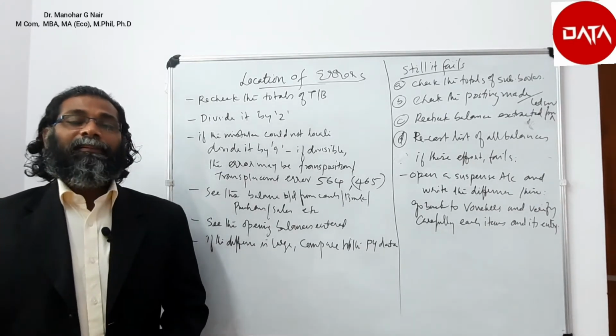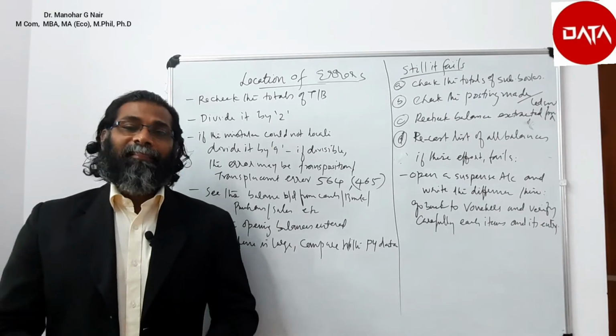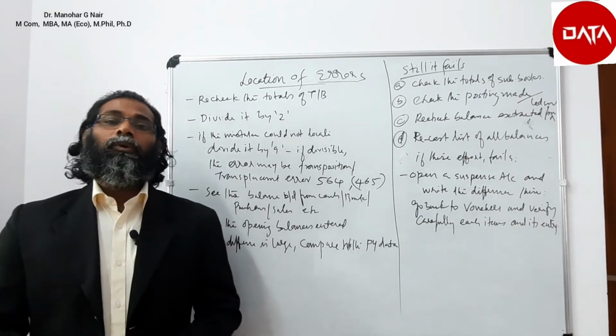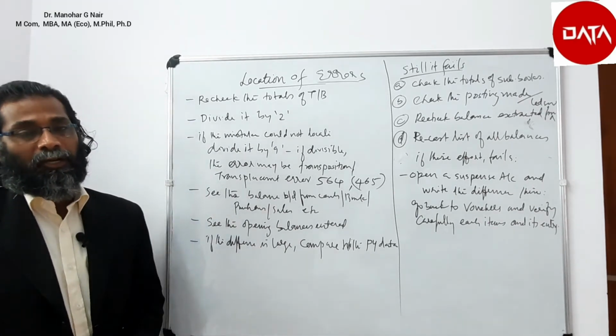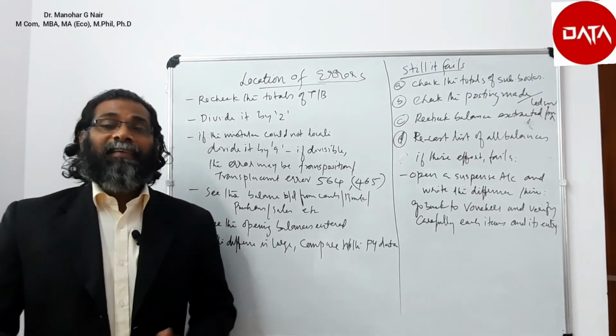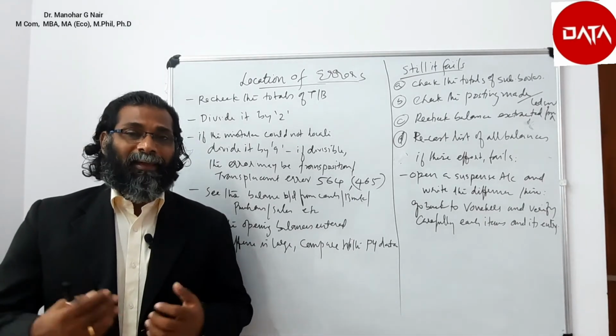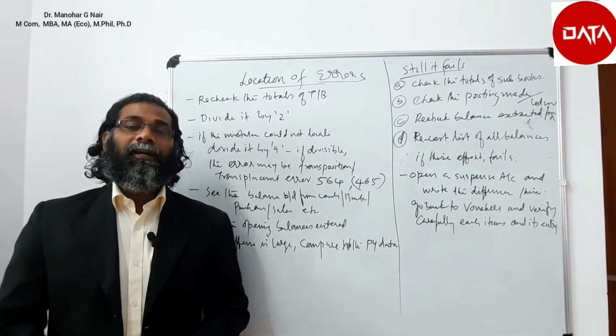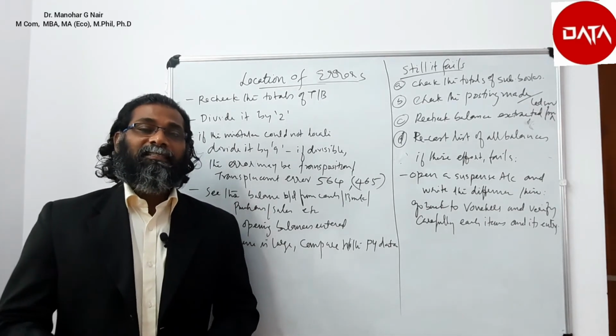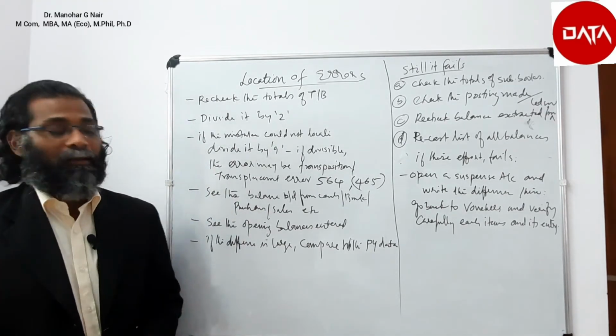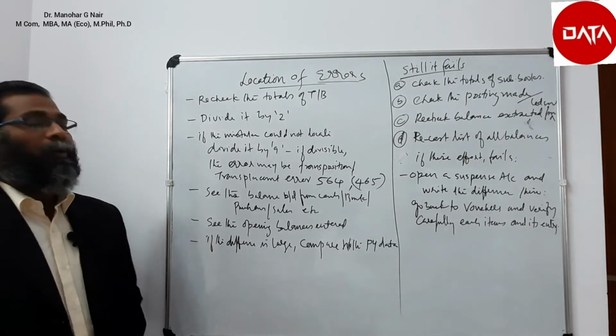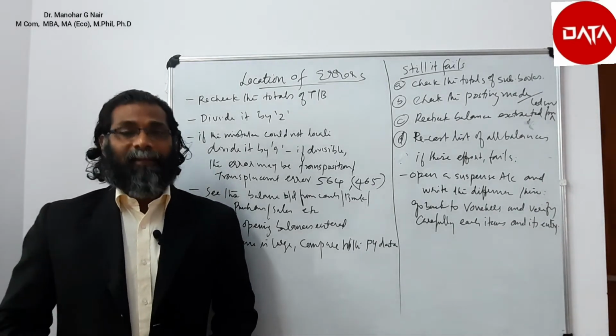Even after that, if the error could not be located, then go back to the bank account, cash account, purchases account, sales account, and such major accounts, and verify once again whether the balance brought down is taken correctly or not. See the opening balance entered in the trial balance.